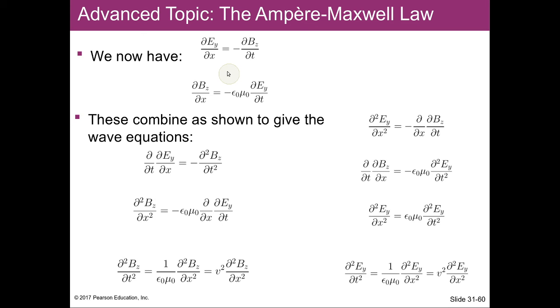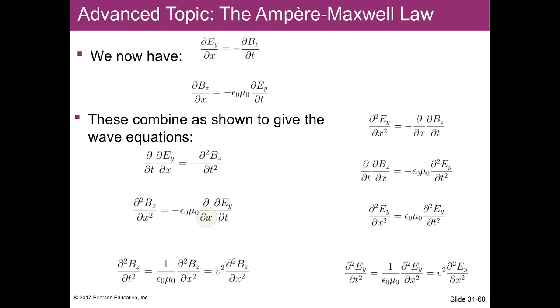Well, let's see. If I take the first equation and I apply a time derivative on each side, then I get this equation shown here. And if I take the second equation and I apply a position derivative on both sides, I get the second derivative with respect to position on the left side, and I get what I had on the right side with another position derivative inserted.